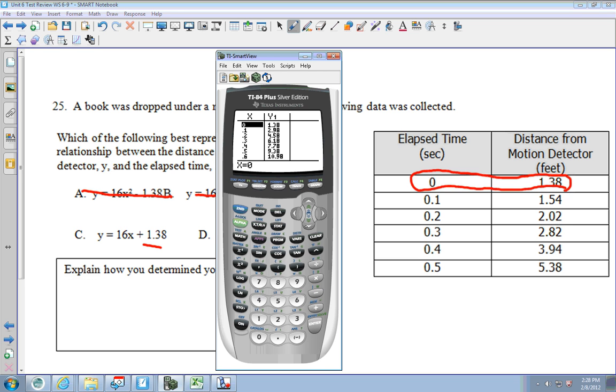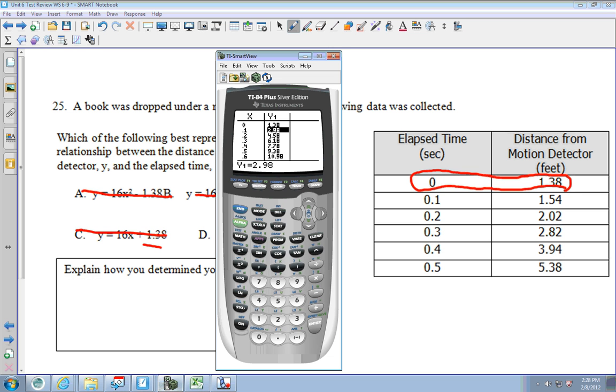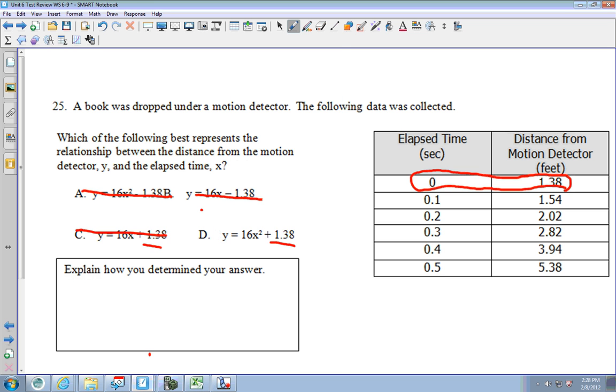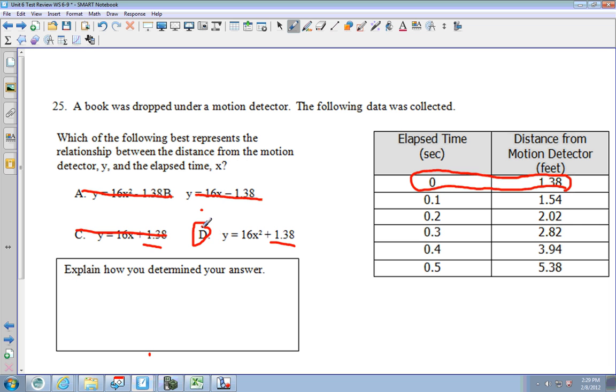I have 0.1 and 2.98. Nope, that's not what that is. So what happens if I change this over here to x squared? Oh my goodness, my calculator is second insert, put in there the squared. And I have second graph. Now look at the table. Sure enough, now my y1s all match up. So my answer should be D.